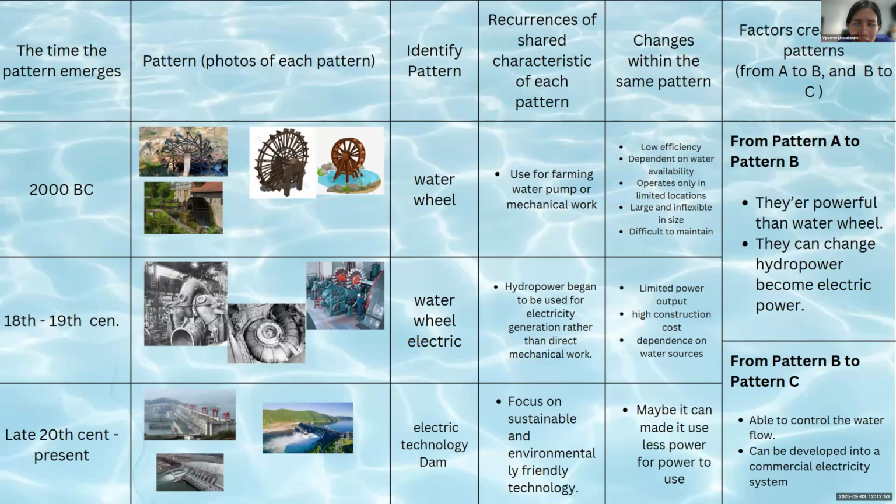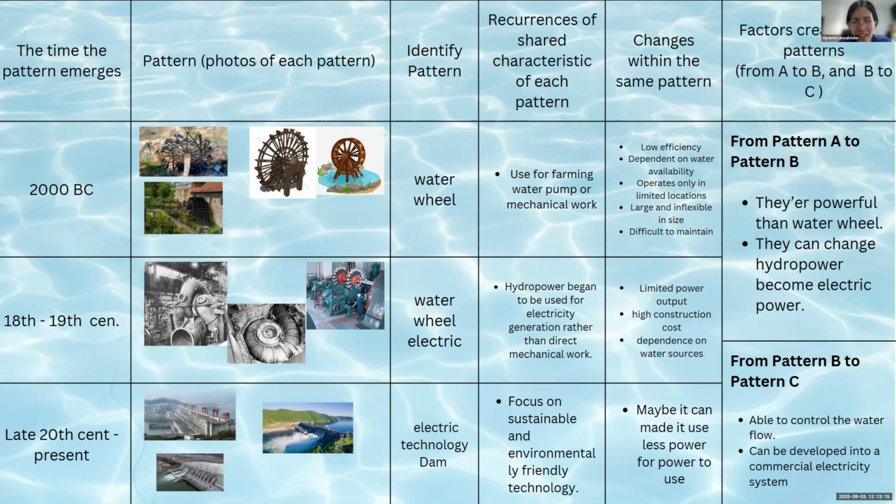My comment would be, for example, about the change within the same pattern. In our class, we focus on the development, in this case the water wheel, from the first one until the latest one in the same pattern.